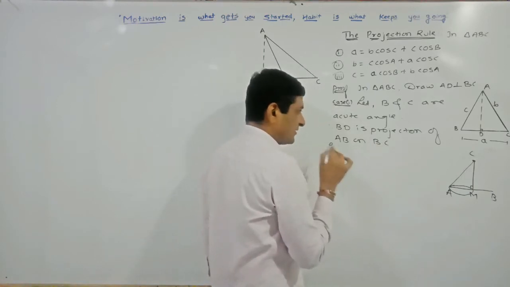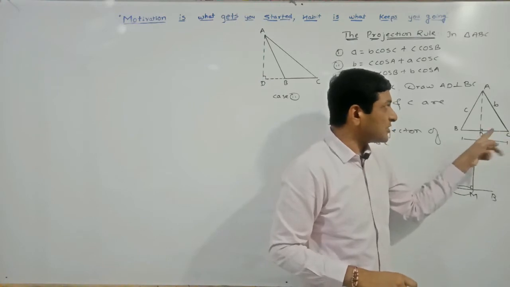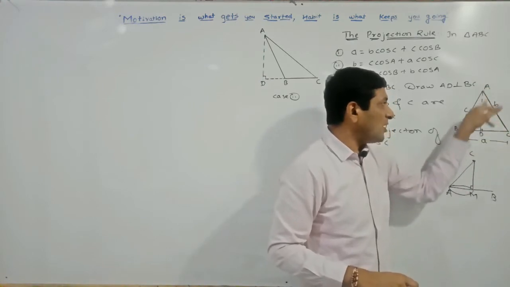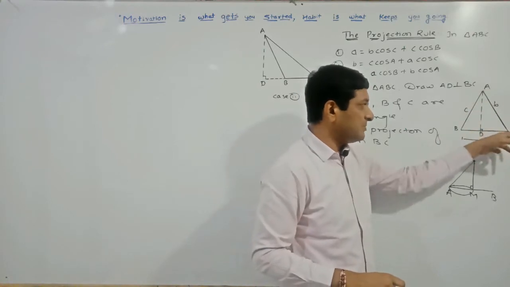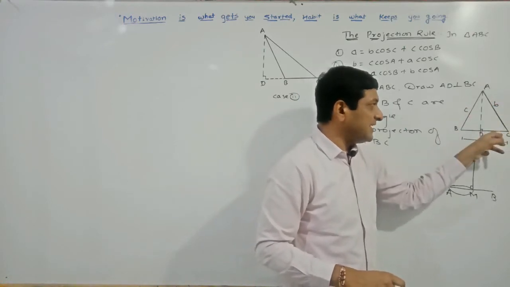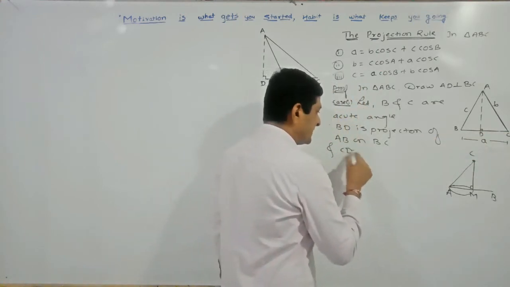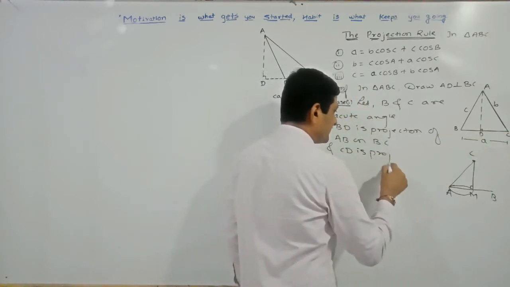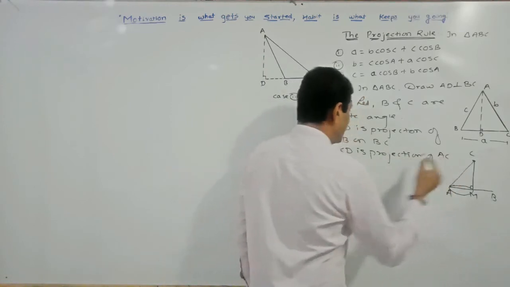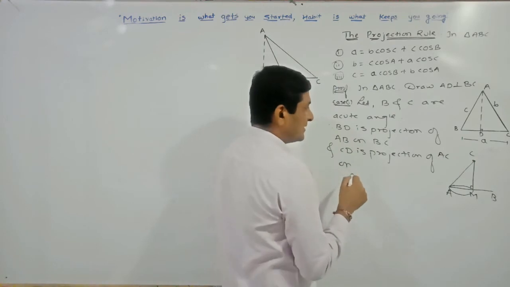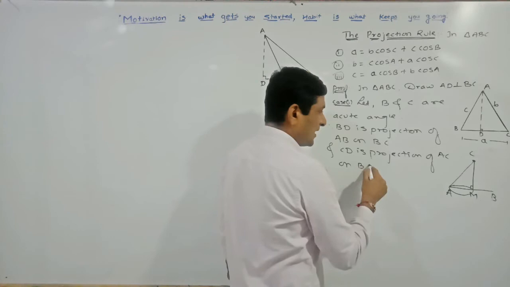In the same way, we can observe that CD is nothing but the projection of AC on segment BC. So CD is the projection of AC on BC.